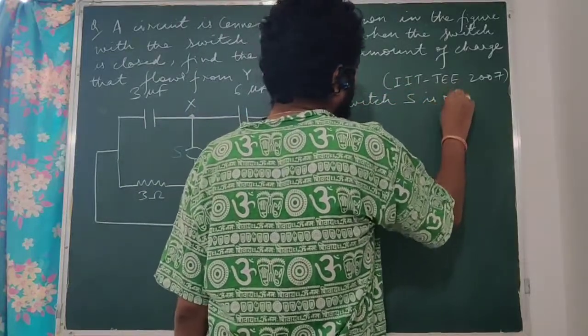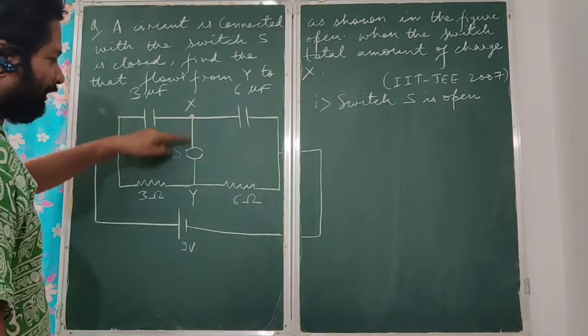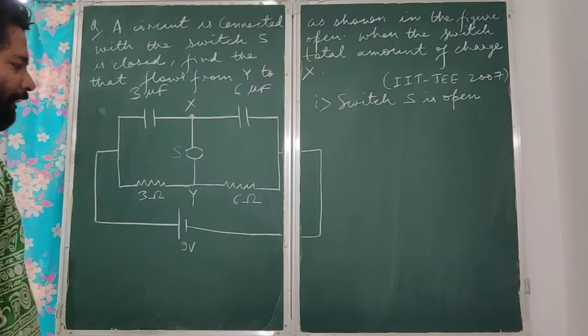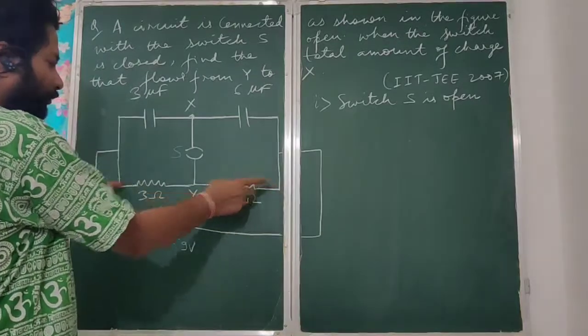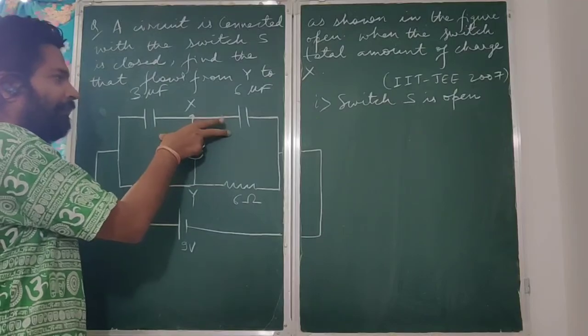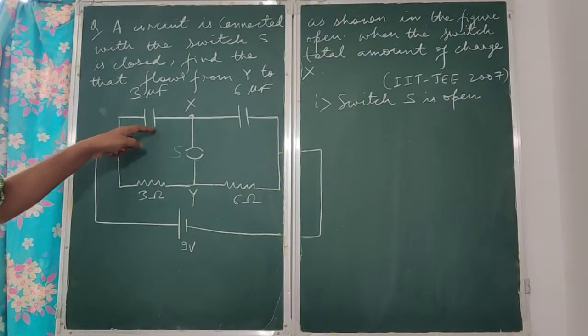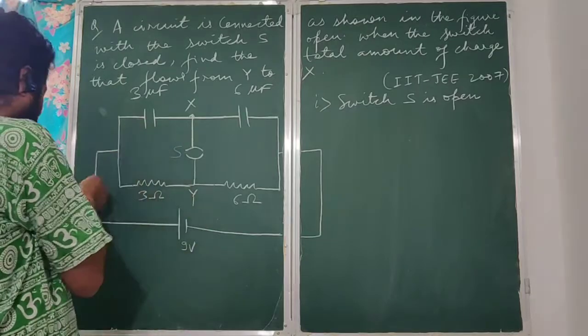Switch S is open. So when switch is open, there won't be any flow of charge between X and Y. So what is the potential difference? 9 volt. So that will develop these two. Now you can see this resistance arm and this capacitor arm is in parallel with each other. So same potential difference will develop across both.